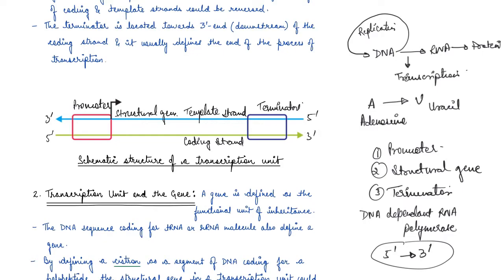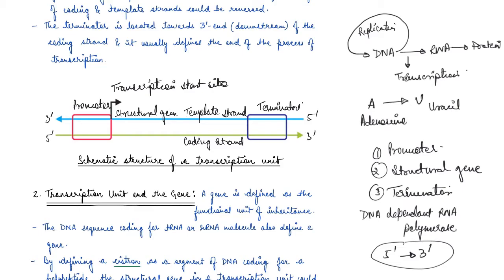Now the promoter region is the site where transcription starts. This will be the transcription start site, right? So we can say that the promoter is located towards the 5' end of the structural gene.